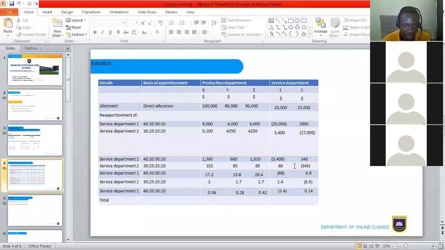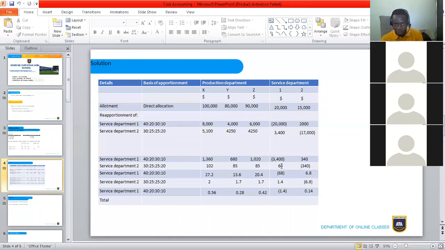Emmanuel, what are we getting? 68. All right. So from our observation, you realize that we are now having a new service department cost again, which is 68. 68 is significant, but the rule is that you must keep on reapportioning until the figure becomes insignificant.